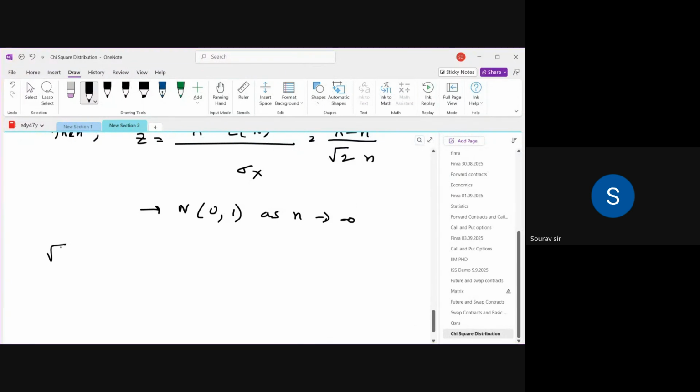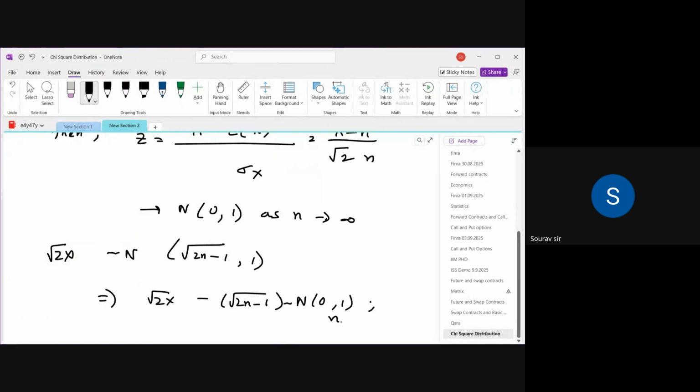Root 2X is approximately normal with mean root 2n minus 1 and variance 1. So root 2X minus root 2n minus 1 tends to N(0, 1), for n greater than 30. These are the important properties of the chi-square distribution.